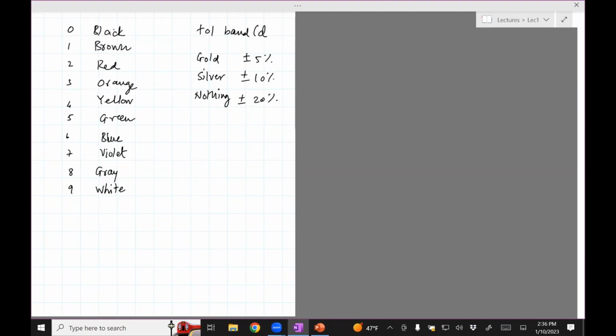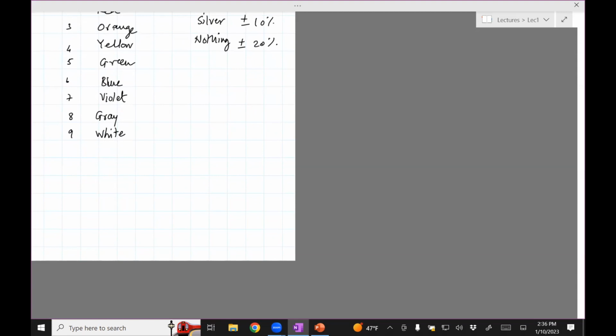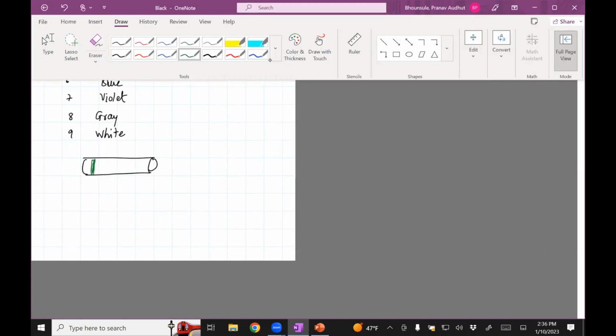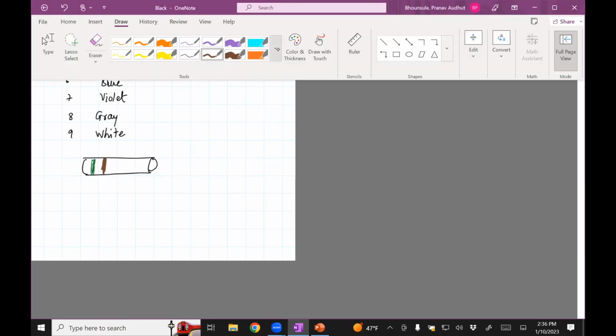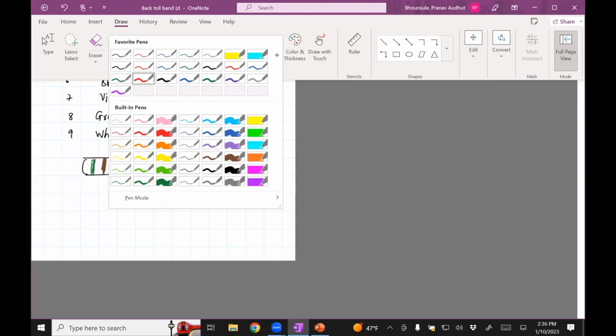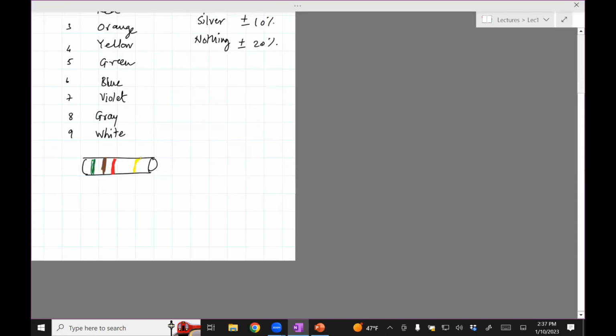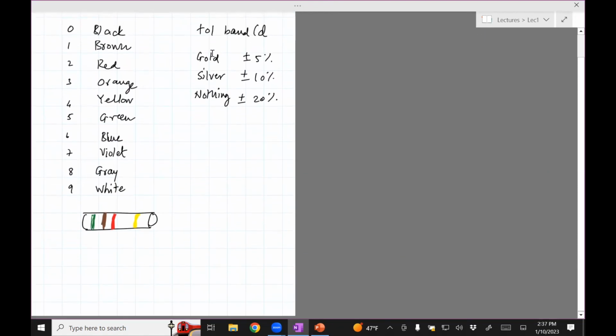So if you have green, brown, and then red, followed by, say, gold, what you'll do is read the number from this table.